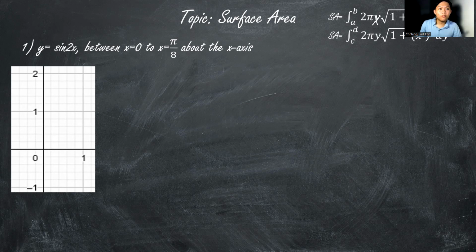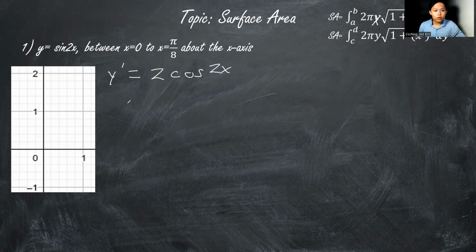First, we need to find the derivative of y here. So the derivative of y is equal to 2 cos 2x.